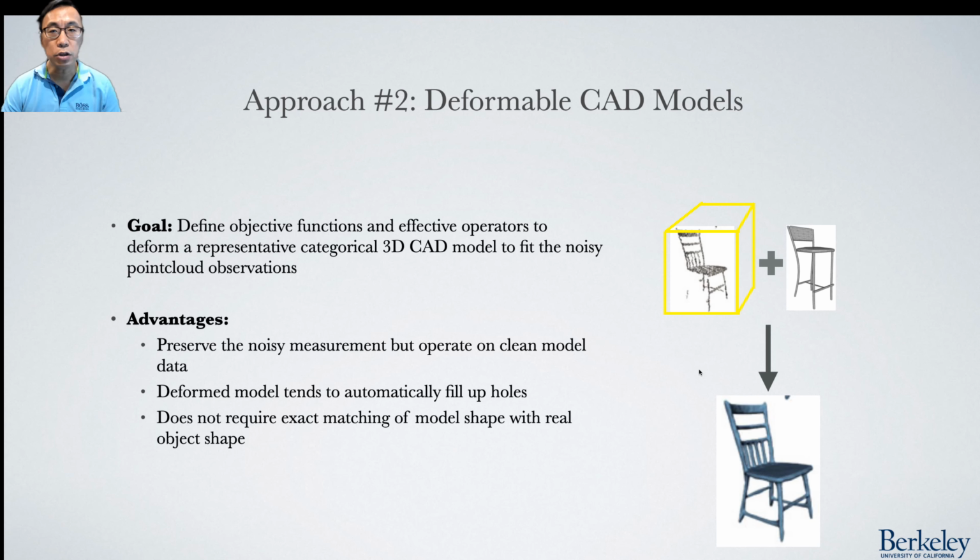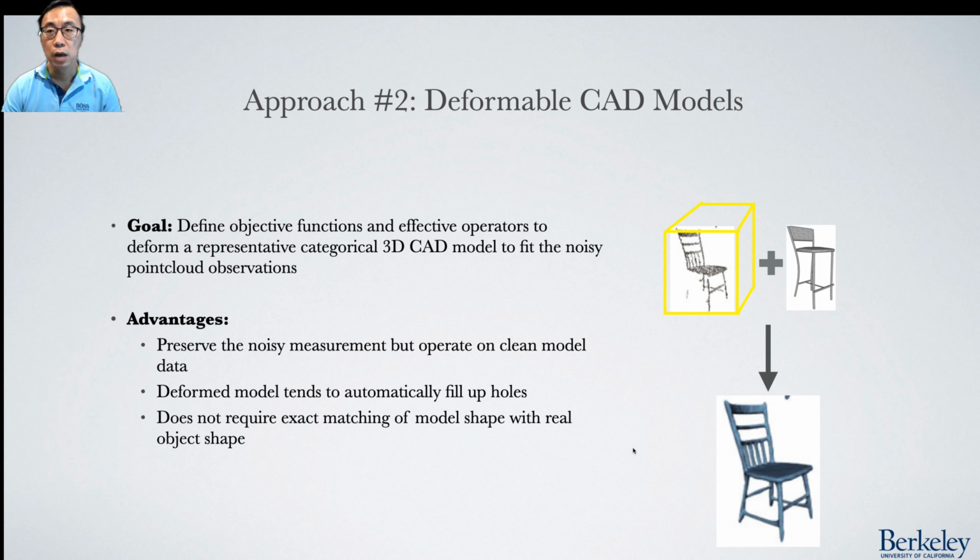Advantages of this approach are manifold. Number 1, the algorithm preserves the noisy measurement but chooses to operate on cleaned model data, which will be better conditioned to apply any deformation. Number 2, the deformed model tends to automatically fill up holes from the measurement data.